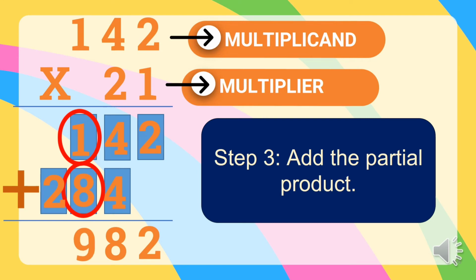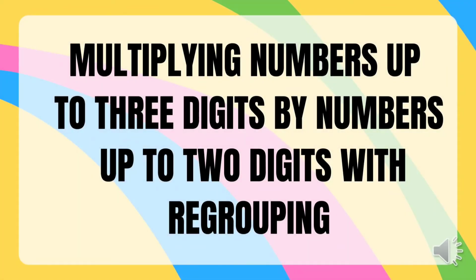Then let's bring down 2. Therefore, 142 times 21 is equal to 2,982. So let's try multiplying numbers up to 3 digits by numbers up to 2 digits with regrouping.